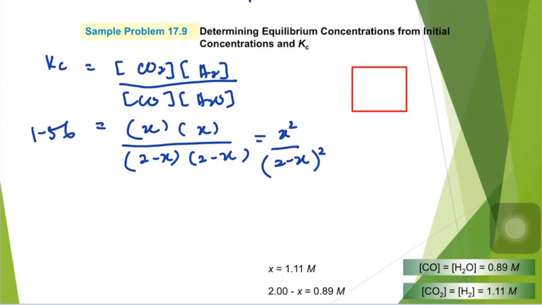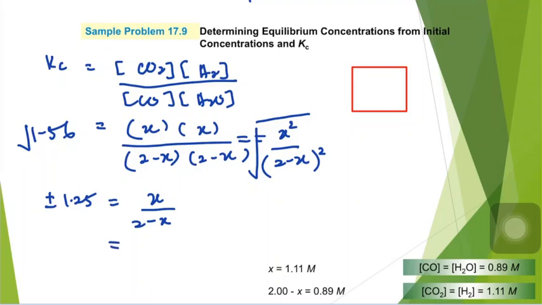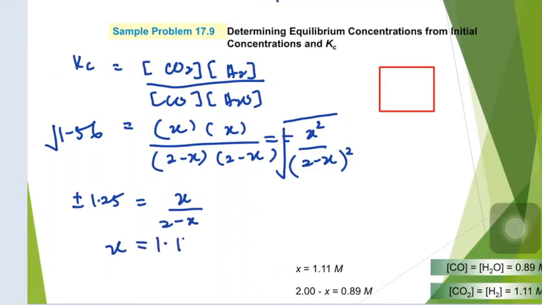Since this side is a perfect square, we can solve this equation simply by taking the square root. So we'll get plus or minus 1.25 equal to X over 2 minus X. So our X is equal to 1.11.